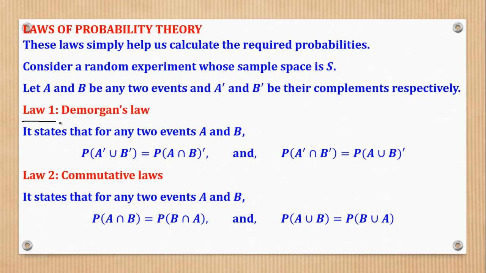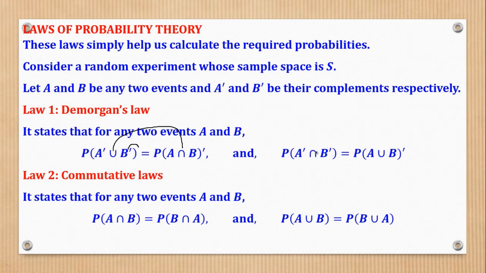The first law is what we call De Morgan's law. It says that for any two events A and B, probability of A complement union B complement is equal to probability of brackets A intersection B, with everything under a complement. Realize that here the complement is on each event, and here the complement is on the entire event of A and B. Also, here the sign was union and here the sign is intersection, so the sign changes and the complement goes outside the bracket.